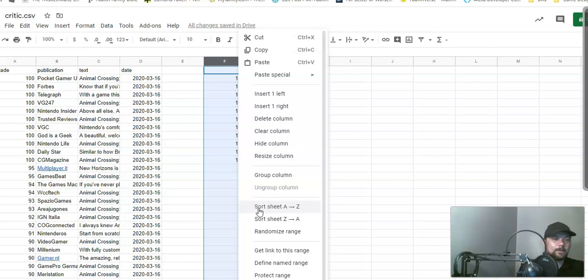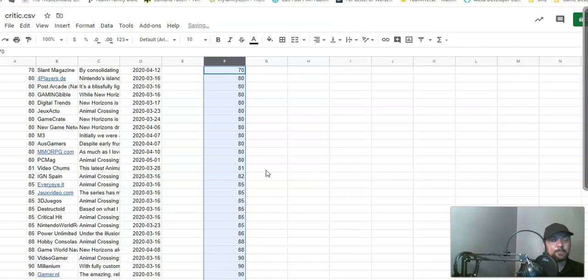Microsoft Excel probably has a more sophisticated version of this because as far as I can see on Google Sheets, there's just the one option here. And it says from A to Z, which made me think maybe that only does letters. Maybe it doesn't organize numbers, but I tried it. I just said, let's just see what happens. And it does actually put it in order from lowest to highest for me.